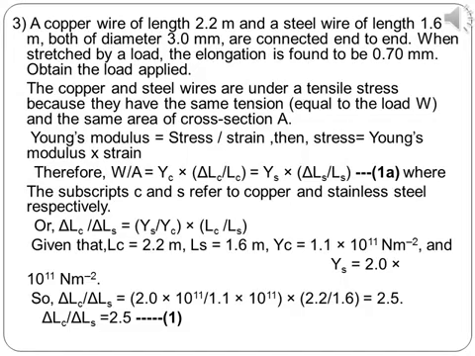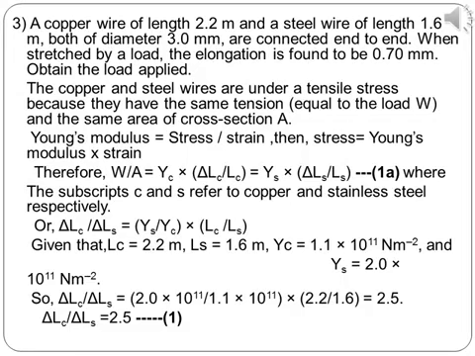As both copper and steel wires have the same cross-sectional area, the load added to this combination produces the same tensile stress because they have the same tension. We know that Young's modulus Y is equal to stress by strain, so stress is equal to Young's modulus into strain.